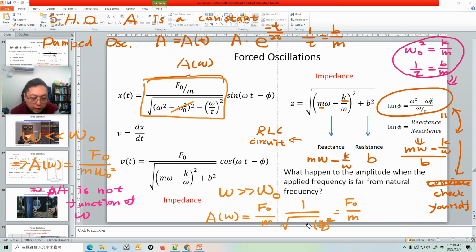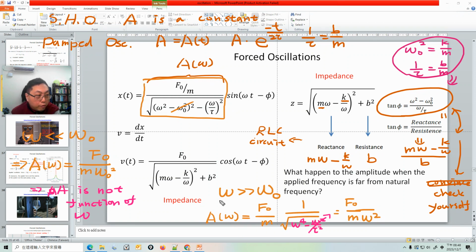In the denominator, you will have omega 4 minus tau square and omega square. And right now we assume omega is a huge number, so omega 4 is way larger than omega square. Finally, the result is this: F0 over m omega square.